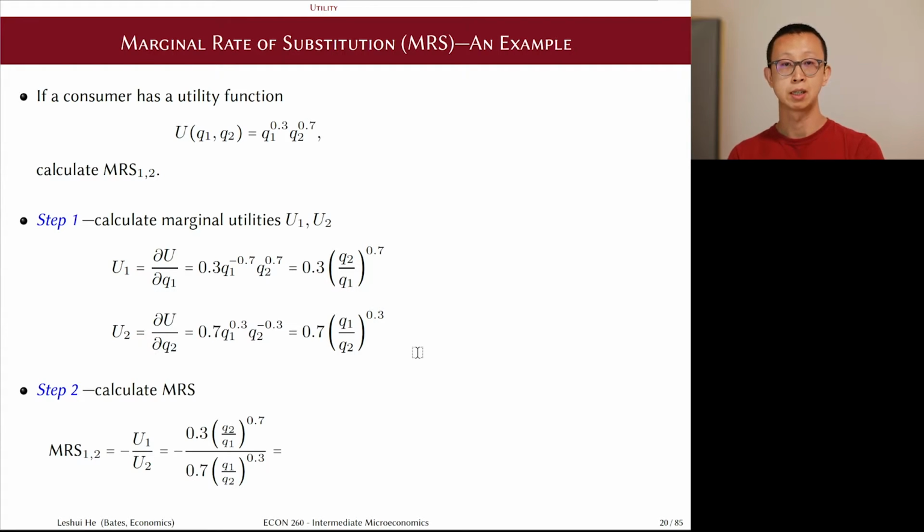Now back to the calculation. In this particular case, as long as we're sticking with Q1 on the horizontal axis in our mind, the marginal rate of substitution would be exactly this expression, where we simply plugged in the values of U1 and U2 that we have calculated into these positions.